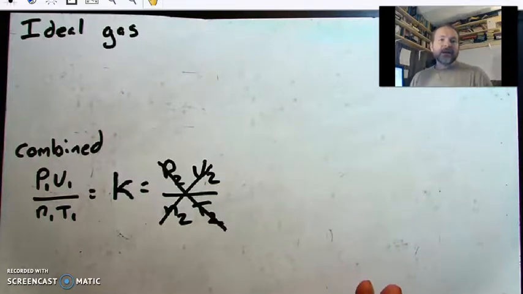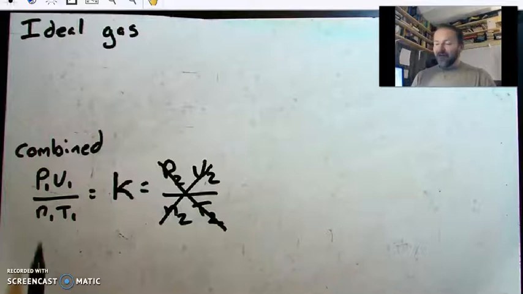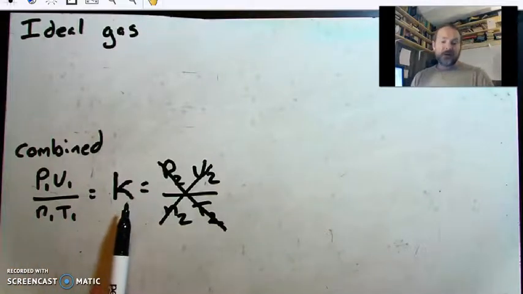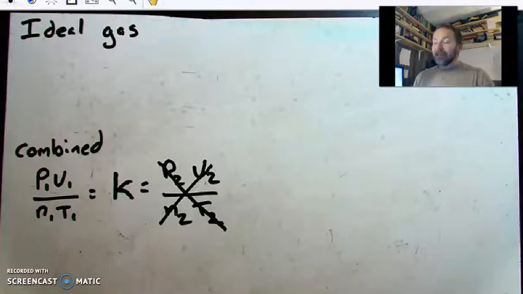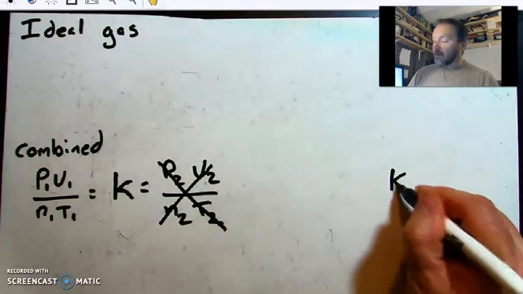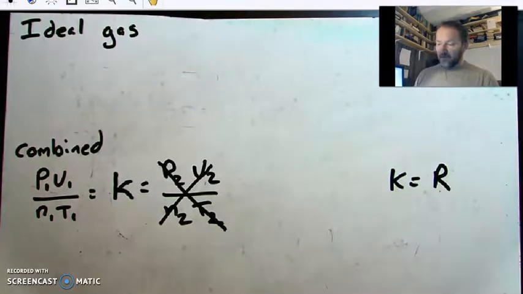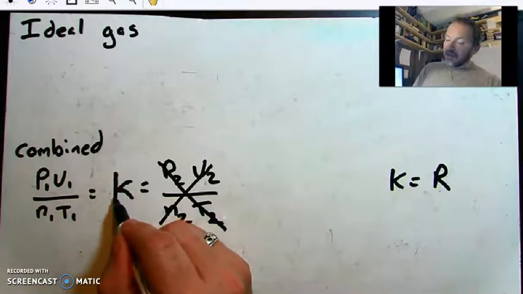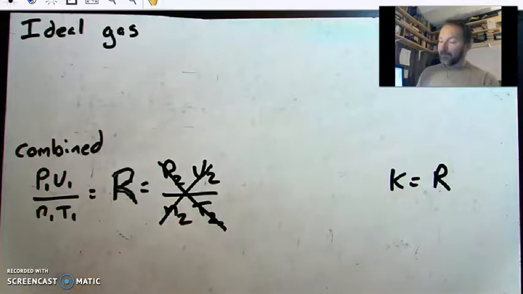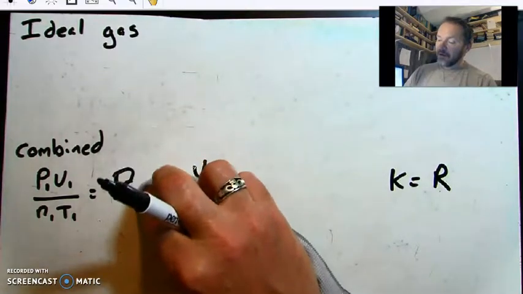So what happens here is now we have pressure times volume over number of moles times temperature equal to a constant. And we have decided in chemistry that we are going to call that constant R. So let's go ahead and change that K into an R. Again, we don't need this, so I'm going to get it away.